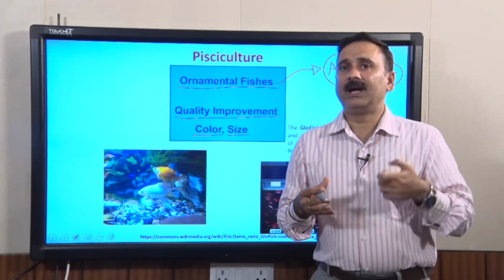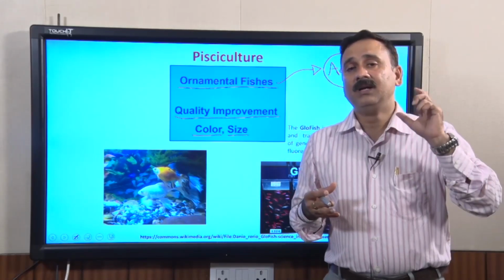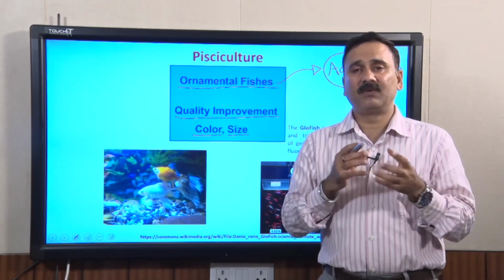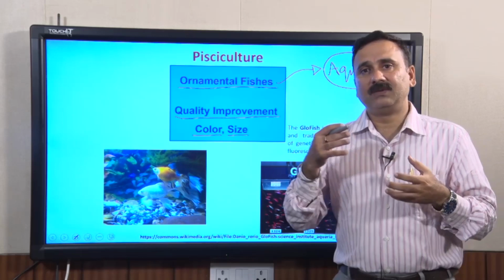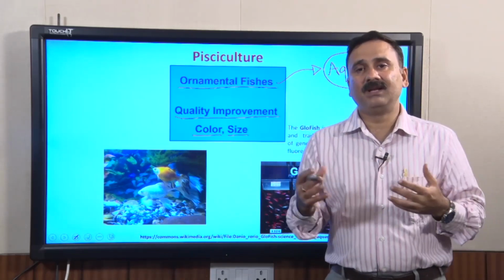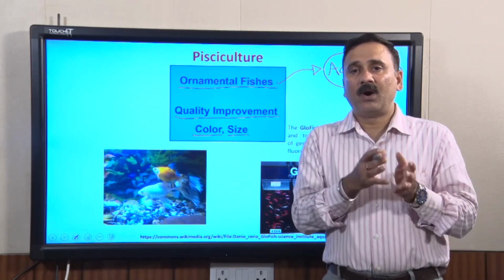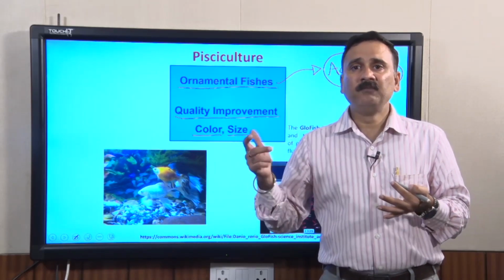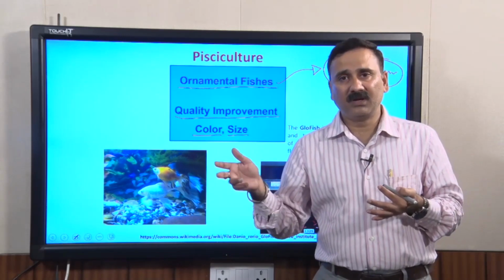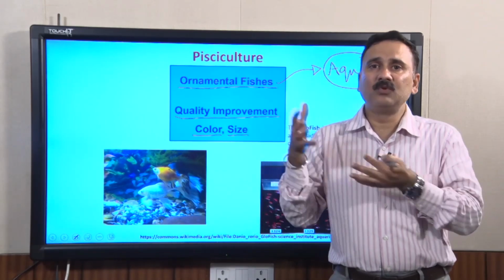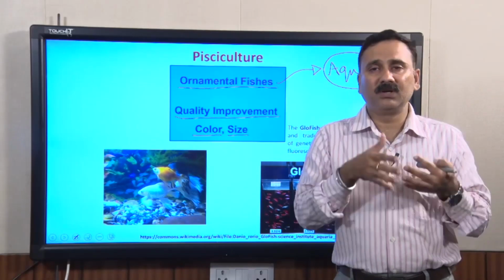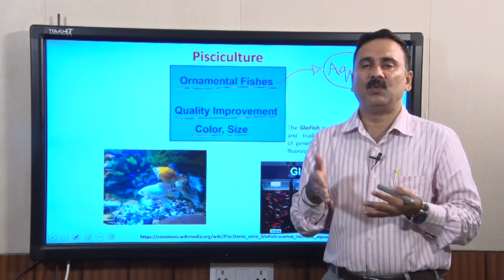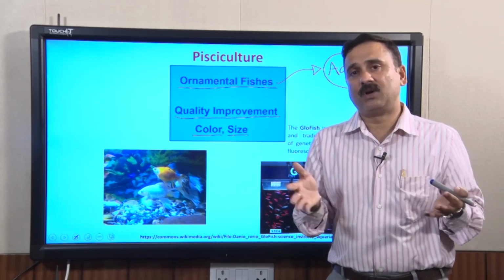Because of that, you can make genetically modified fishes so that they have different types of color patterns and different sizes. On the other hand, you can also make fishes that can be acclimatized to different types of water environments. That will help to bring these fishes into the aquarium, because most of the time the aquarium is run with freshwater fishes.